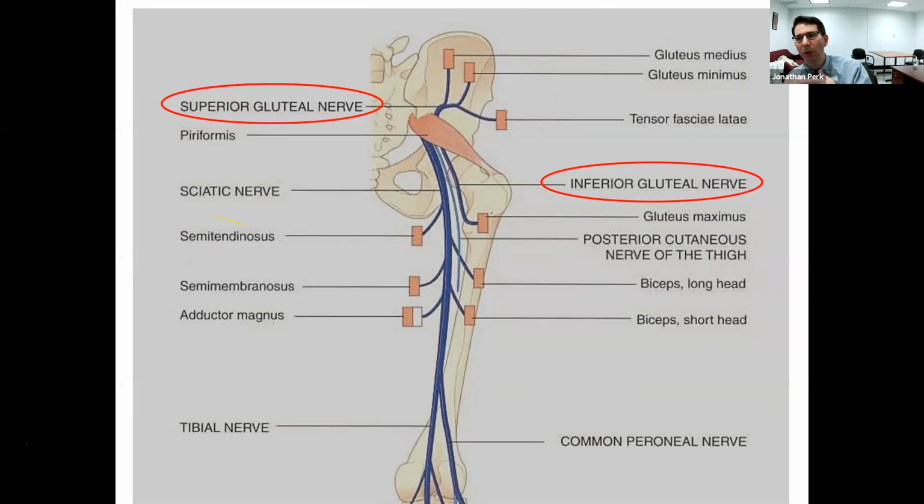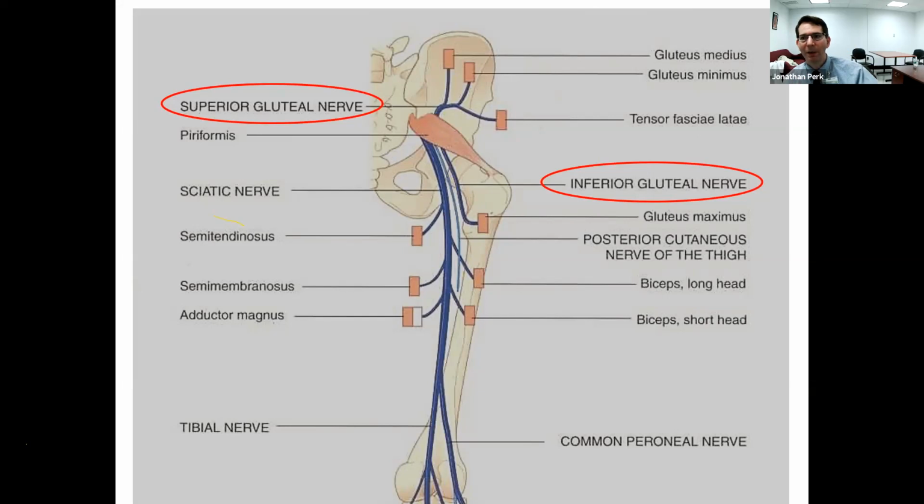So much lower location, but still the same joint. And we're talking about the abduction and the extension of the hip. And remember that the lumbosacral trunk contributes to both.